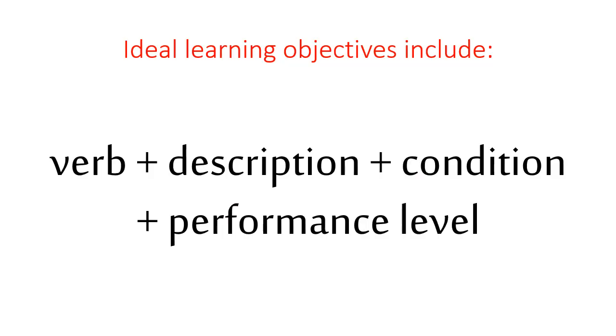From the previous examples, we can conclude that the ideal learning objectives should include a verb that describes an observable action, a description of what the learner will be able to do and under which conditions they will be able to do it, and the performance level they should be able to reach.